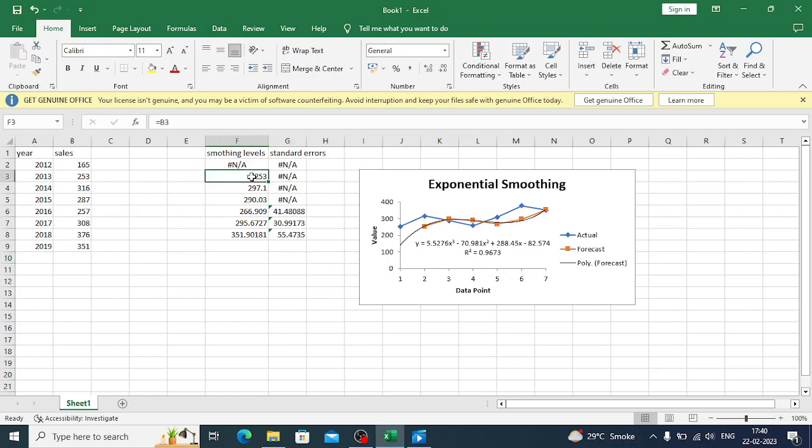Now how have these smoothing levels been calculated? Just consider the moving average.